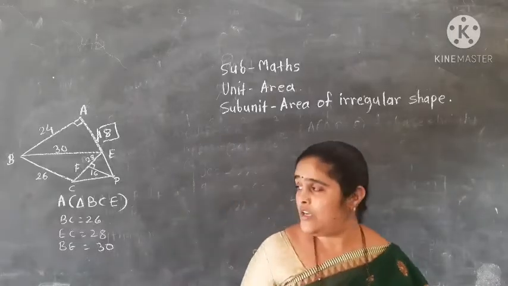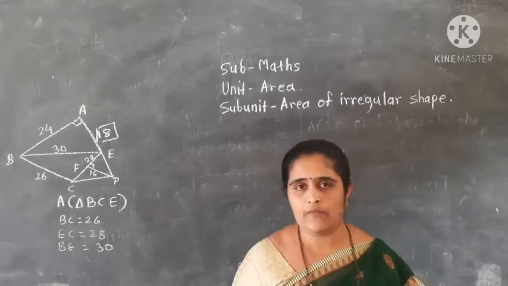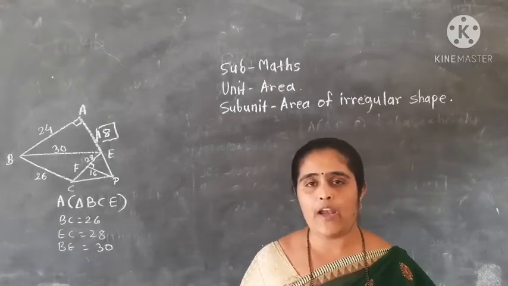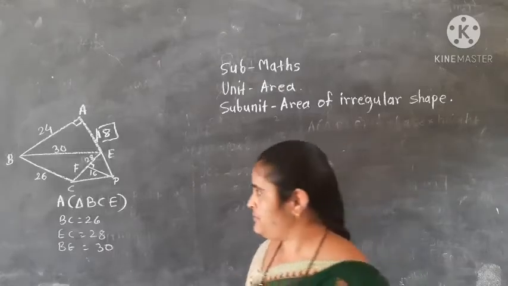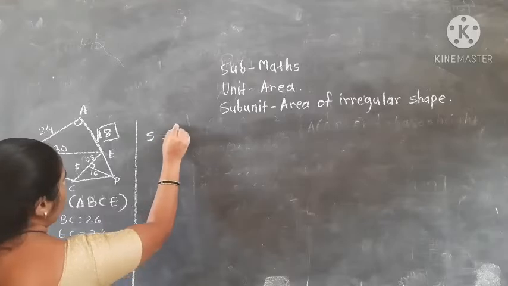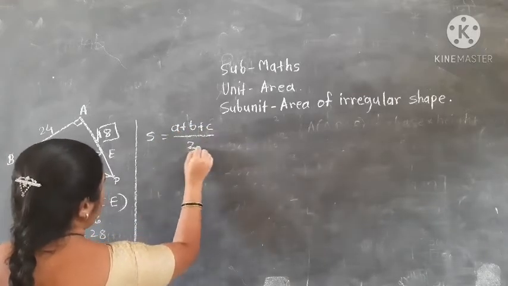So here there is no right angle triangle or height is not present. So we have to use Hero's formula. First we have to calculate the semi-perimeter. Semi-perimeter S is equal to (A plus B plus C) divided by 2.